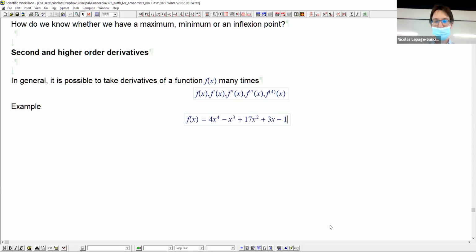And now let's go ahead and take the derivatives. So first order derivative, f prime. I'll just give you a couple seconds to do it.